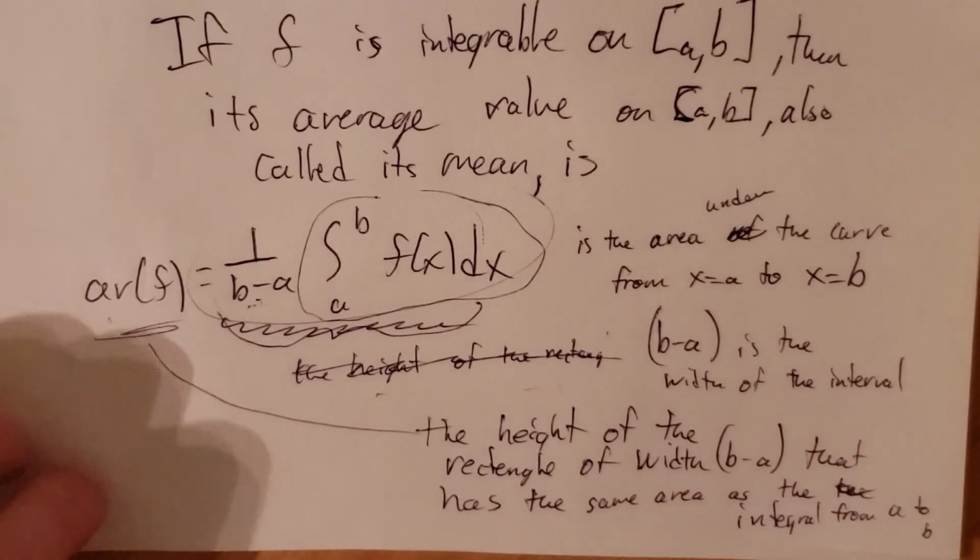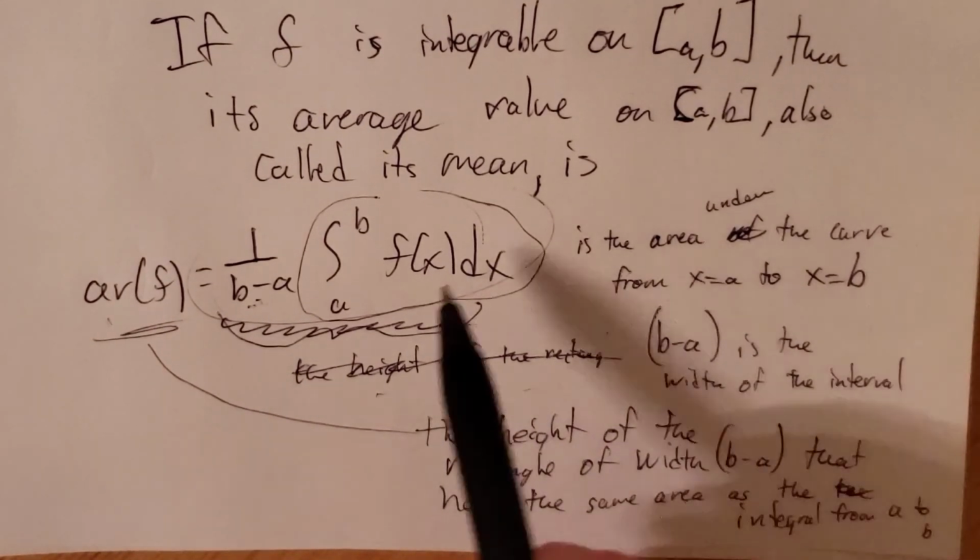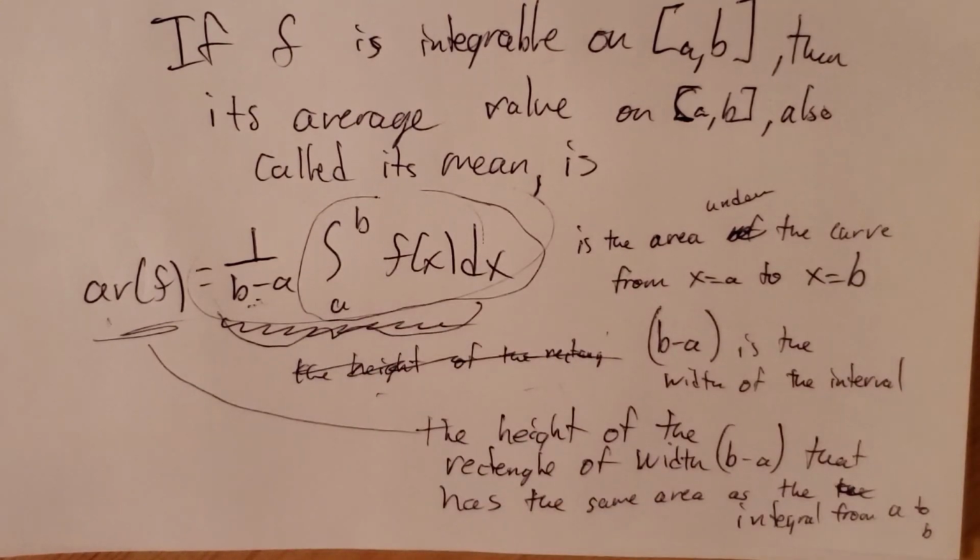And what does that do? Again, that just gives us an average value over the interval from a to b of the function f of x. Let's think about what that means. Usually when we talk about averages, we're taking an average of a finite number of discrete points. We add up all of those points and then we divide by the number of values.